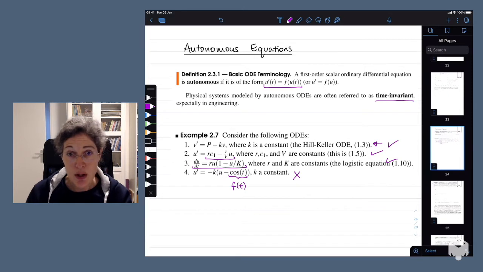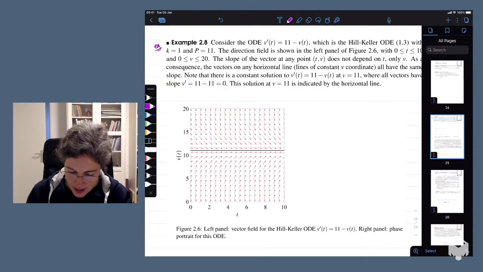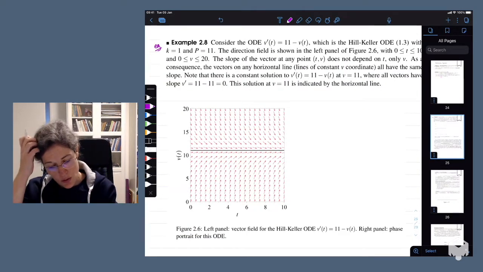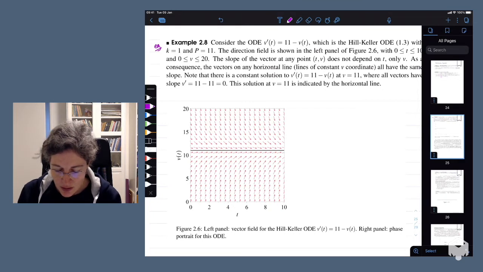And they come up a lot, particularly in engineering. And we can actually tell quite a lot about systems that are autonomous. Obviously we can do a direction field, like we have over here. So here is our Hill Keller, which we just met over there, with p equal to 11 and k equal to 1.